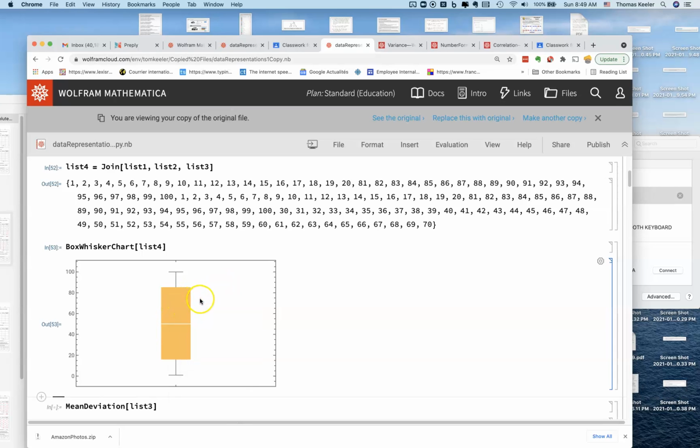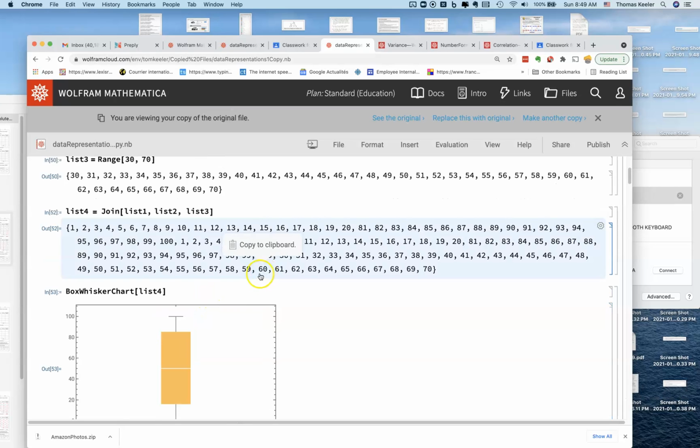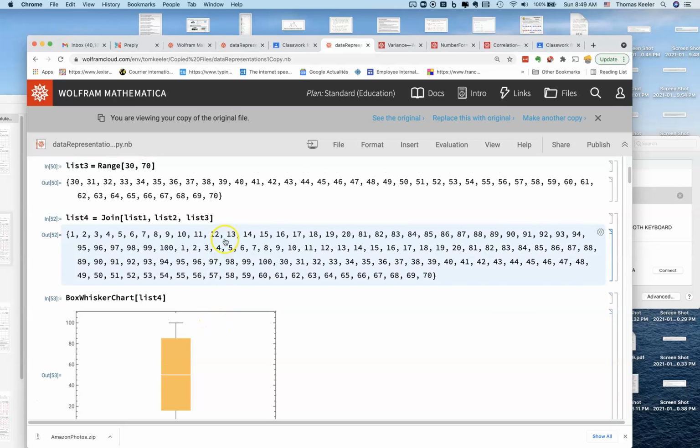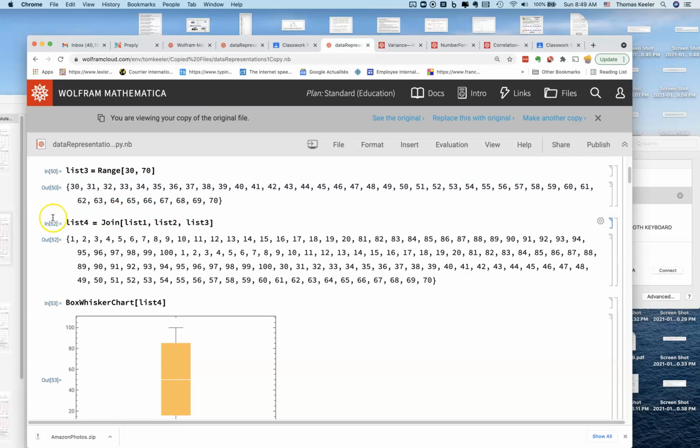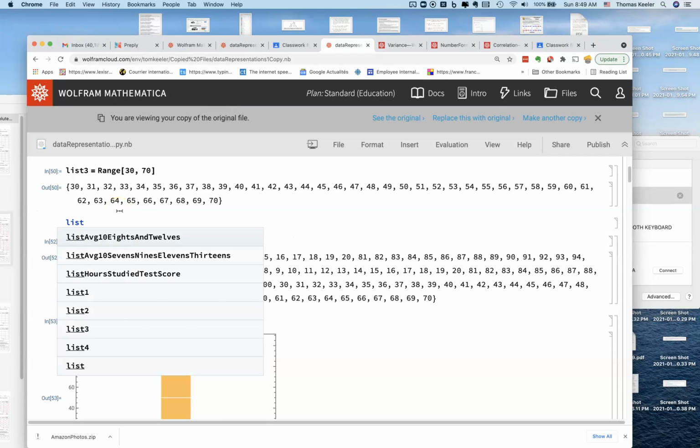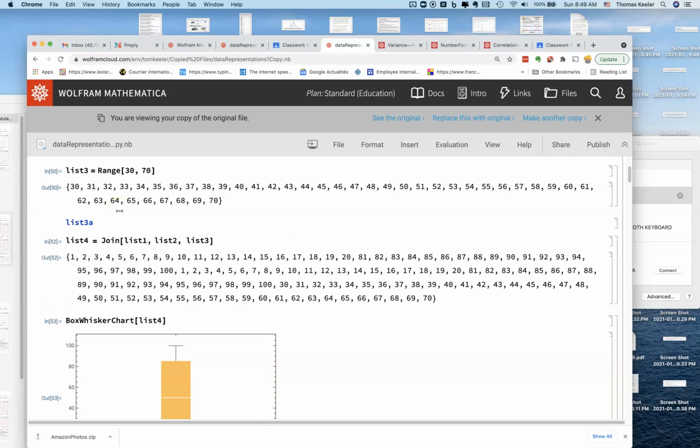Okay, so now we get a little bit tighter. Now let's do this. You might say, well, what happens if I put even more guys in the middle? I'll call this list 3A, and I'll do the same thing.